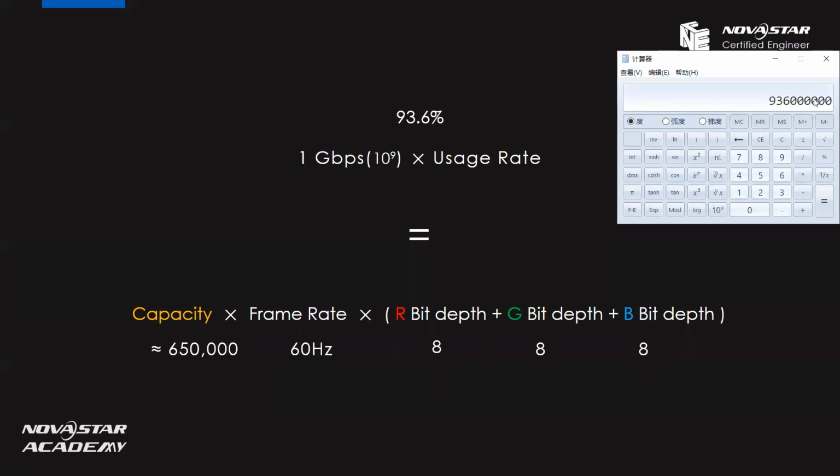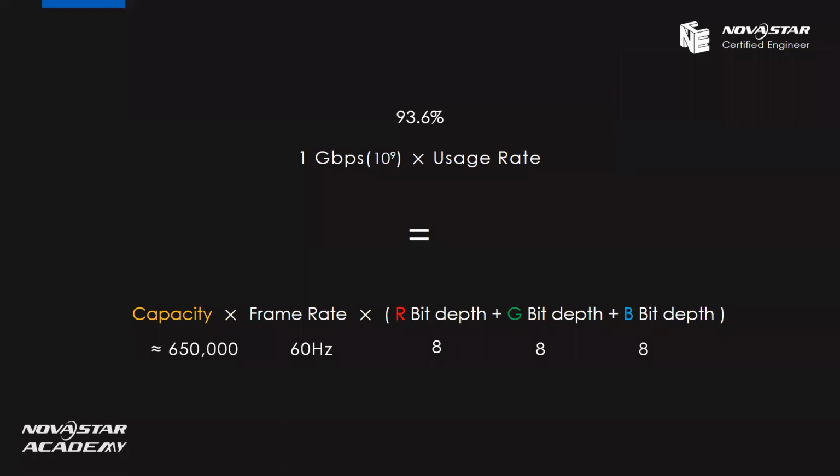This time divided by 50 Hertz. And the color depth 8 by 8 by 24. Okay, then after calculating, we can find if the frame rate is 50 Hertz, we can get the capacity is 780,000 pixels.